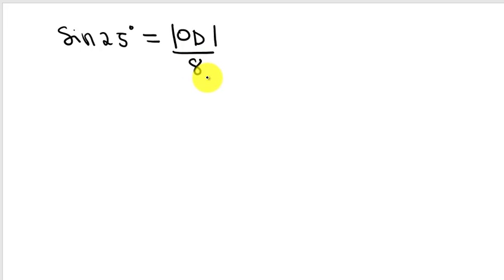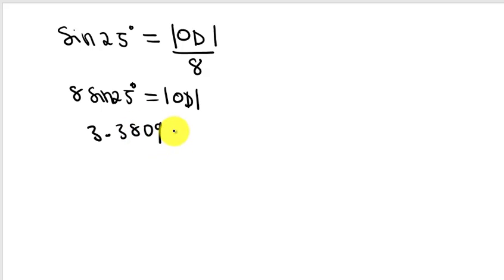We want to find OD, so we multiply through by the 8. So we are going to have 8 sine 25 degrees being equal to the magnitude of OD. And if we use our calculator to simplify this, 8 times sine 25 degrees is going to give us 3.3809. So this is our length or magnitude of OD. Now let's go back to the diagram to observe something.